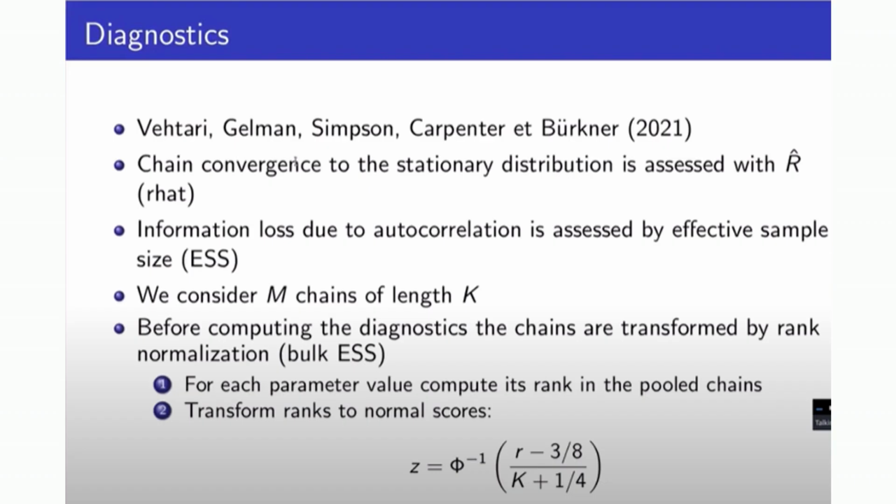One innovation of this approach is that instead of relying directly on the parameter values in the chain, we transform them using rank normalization. This is why many packages, instead of simply reporting ESS, provide metrics like bulk ESS. Here we also refer to tail ESS.